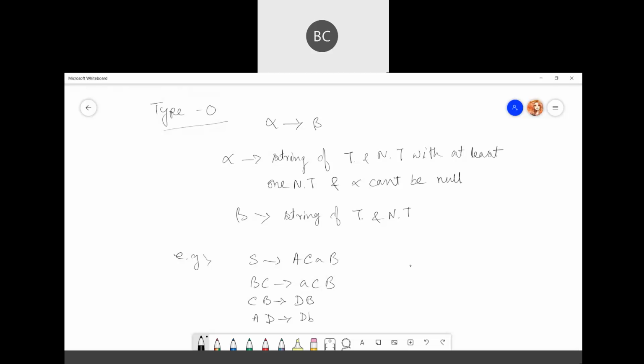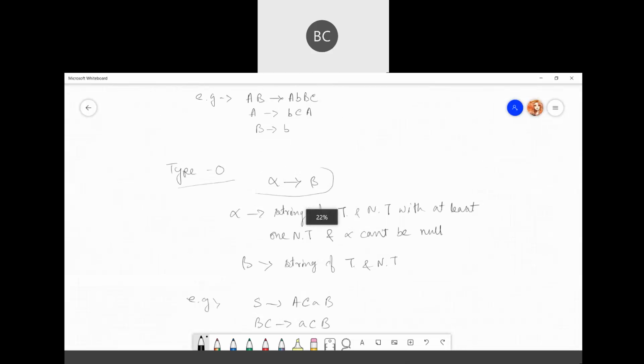Okay. So type 0 will be in this form. That means left hand side can be a string of terminals and non-terminals, and there will be at least one non-terminal. Okay. And beta will be a string of any terminal and non-terminal. I know these terms, non-terminal, terminal, are confusing sometimes.